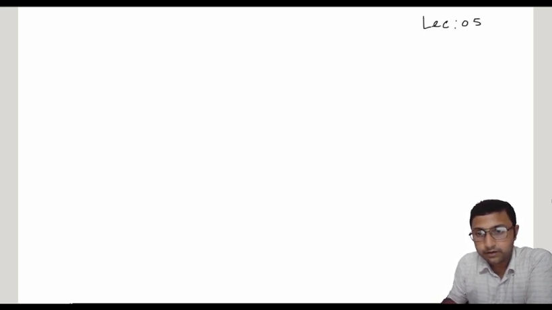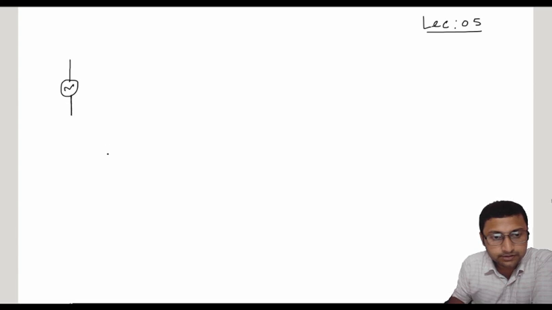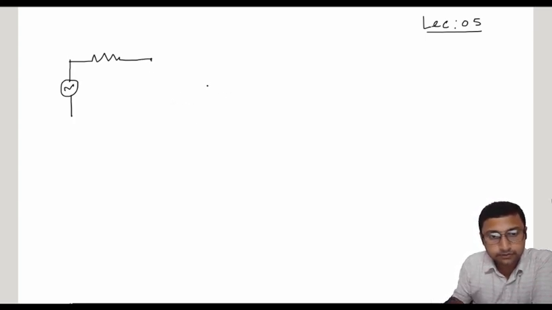So this is lecture number 5. At first, I will simply consider a circuit like that. This is an AC voltage source, and with this there is one impedance. Mind it, in case of an AC circuit it is called impedance, not resistance.